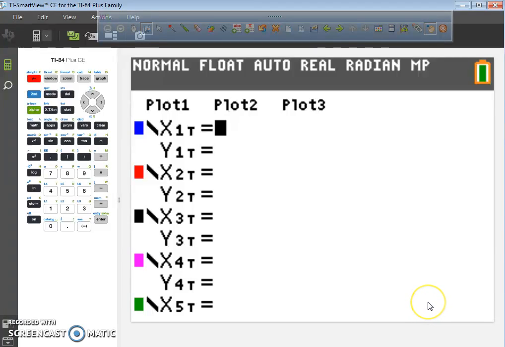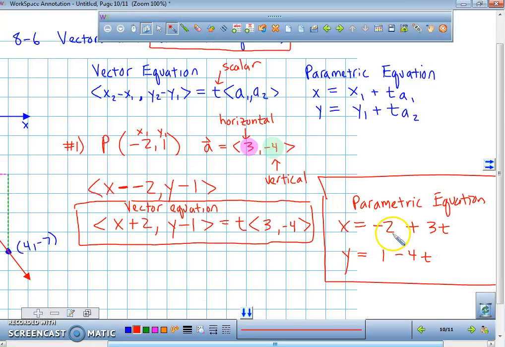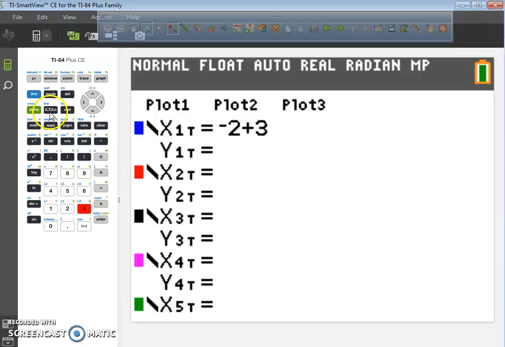You see how it's different than function mode? In function mode it says y equals, right? In parametric mode it says x1t, y1t. So what was our first? Take a picture of this. It was -2 plus 3t. So what I want you to do is type in -2 plus 3. Now, see where the x button is? Right here?